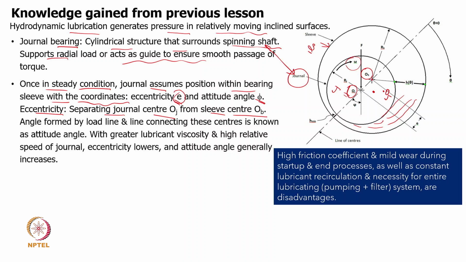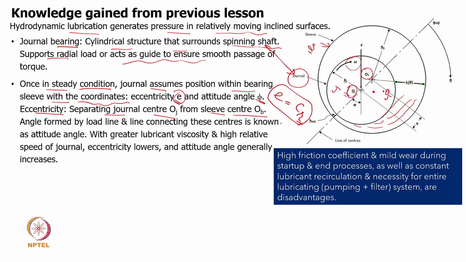Now, if both the centers become concentric, then eccentricity will be 0 and the load carrying capacity of the journal bearing becomes 0. However, if e is equal to the radial clearance, then it will have maximum load carrying capacity, but there will be metal to metal contact and hydrodynamic lubrication will not be there.